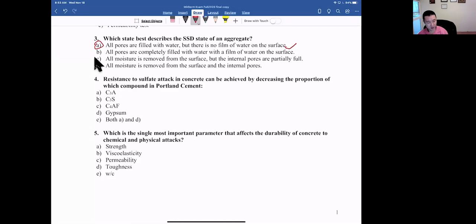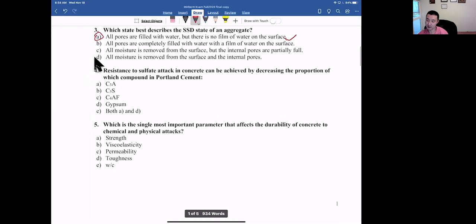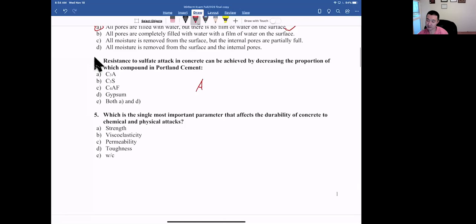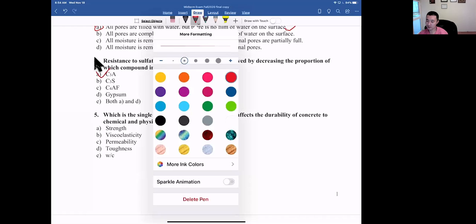Question number 4. Resistance to sulfate attack in concrete can be achieved by decreasing the proportion of which compound in Portland cement? So sulfate attack is caused by formation of ettringite, AFt. Based on the chemical reaction of sulfate attack, we know if we reduce the amount of C3A, we will reduce the potential for ettringite formation after concrete hardens.